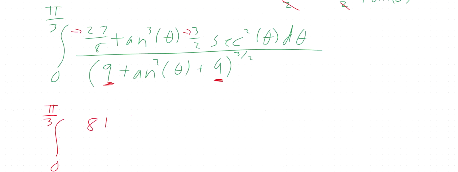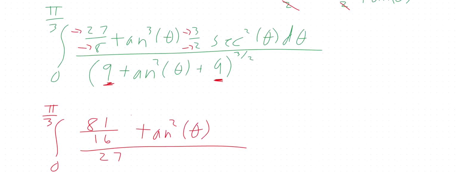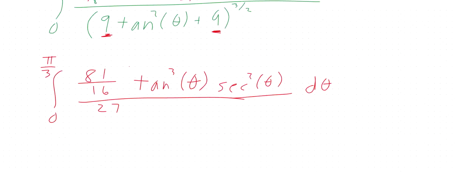The 8 and the 2 get multiplied, that's going to be a 16. On the bottom, we'll divide by a 27. And then we have our tangent squared. Excuse me, that should be a tangent cubed. A secant squared. A d theta. And then on the bottom, it's a tangent squared plus 1, which gives us a secant squared. But that's raised to the 3/2 power.